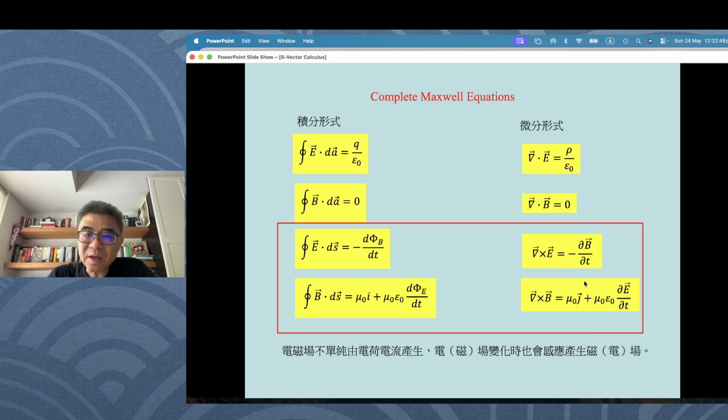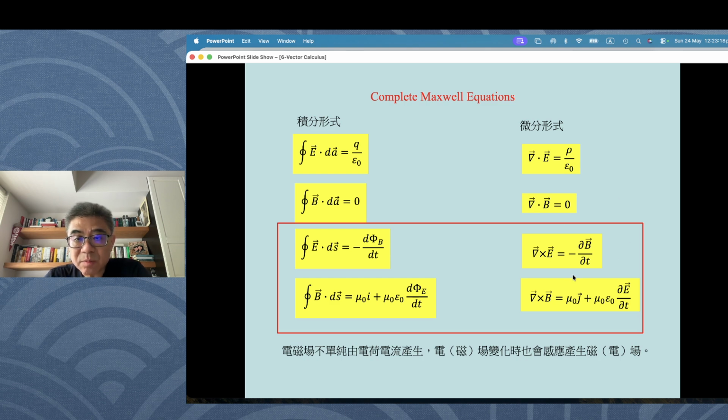But let me emphasize that the two terms that appear here are very important because they are the effects by which the changing magnetic field and the changing electric field generate electric field and magnetic field. So you can easily imagine we exist in vacuum. In vacuum, there is no rho and no J, without charge and without current.